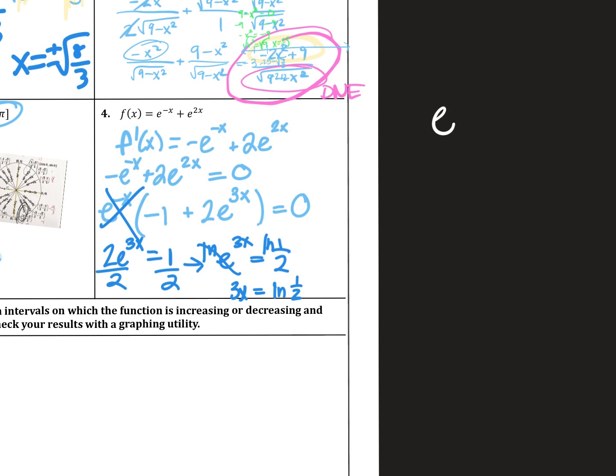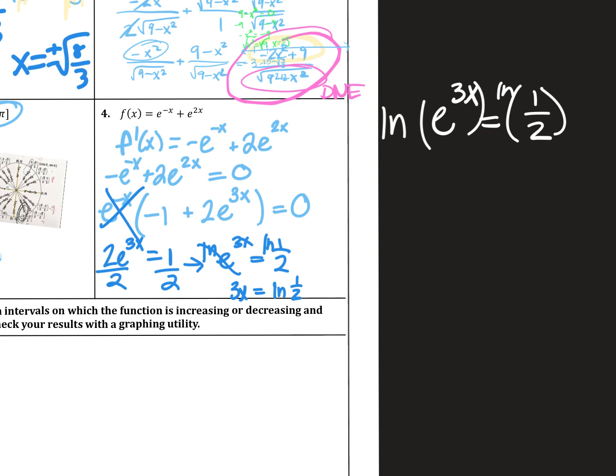To get that 3x to not be an exponent anymore and come down, we want to do the opposite of e, which is ln. So you take the natural log, or ln, of both sides of your equation.